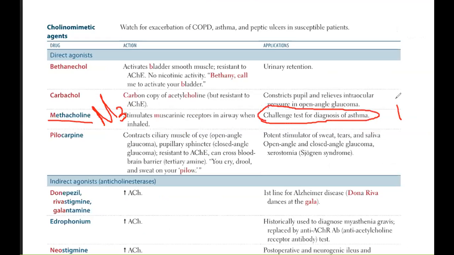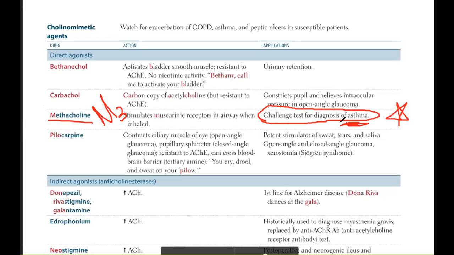When you study the respiratory system more, you will get my point about why I told you this, because there are so many other drugs that you will be studying and they will cause real problems. So for methacholine, just remember, this is a challenge test for the diagnosis of asthma. And what will it do? It will constrict the airways. It will not open them, it will constrict.